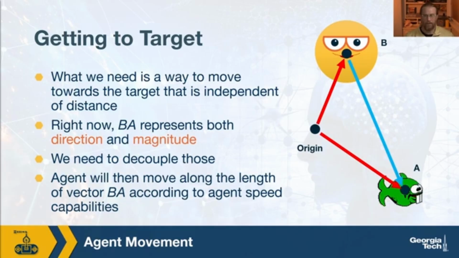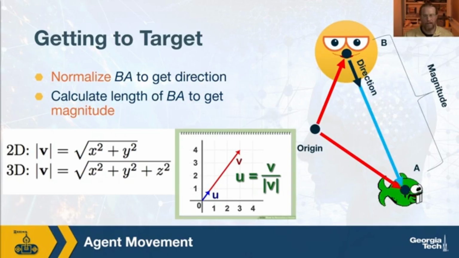If you recall from your first look at linear algebra with vectors, we can perform different operations on vectors, such as normalizing or finding the magnitude of a vector. That's a straightforward thing to do. We can take vector BA, which can be of some arbitrary length, and normalize it, and that will give us direction.